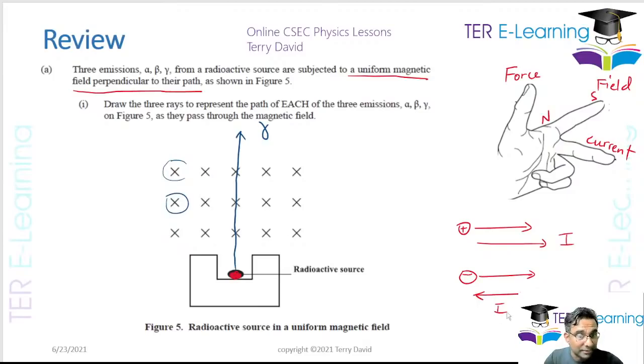So you all need to know that, right? Hoping you all see that on my screen. So if a positive particle is moving from left to right, the current is in the same direction. If a negatively charged particle is moving from left to right, it means the current is going in the opposite direction. That's something you need to pay attention to because you need that knowledge in order to answer this question, right? So here's what I'm going to do now.